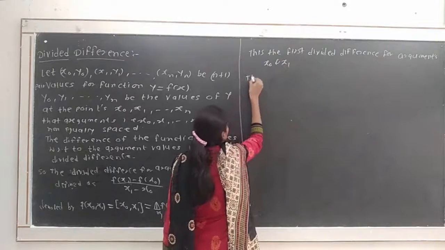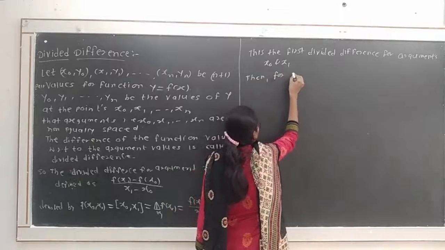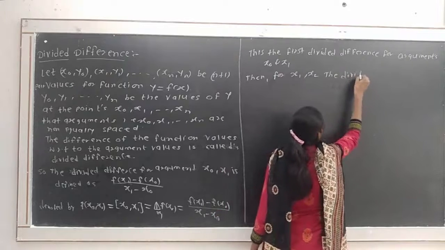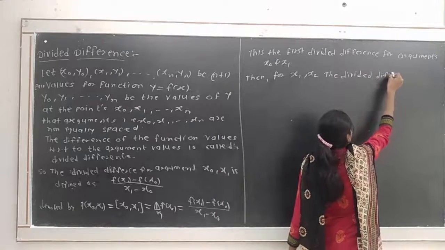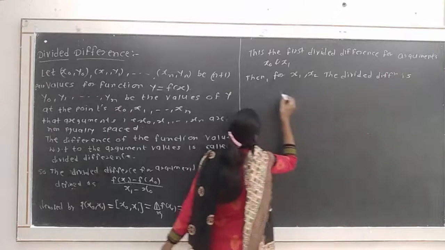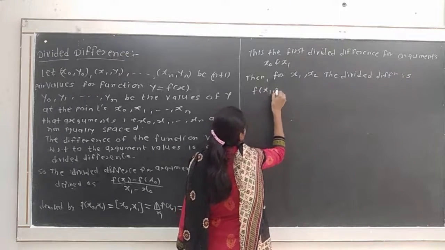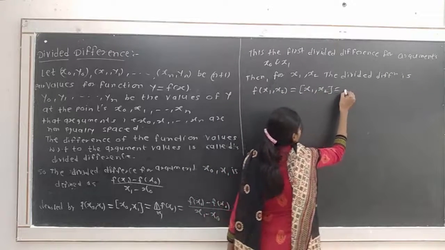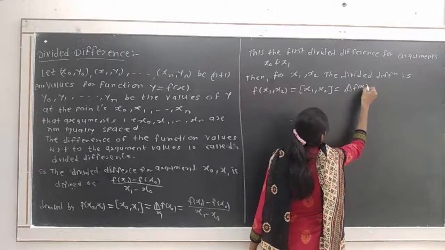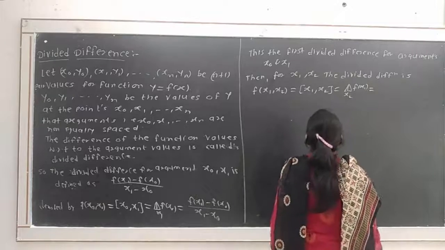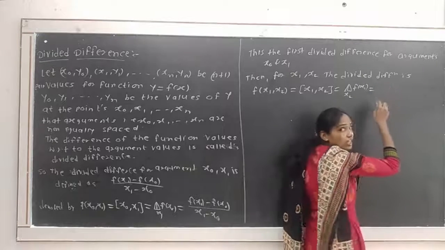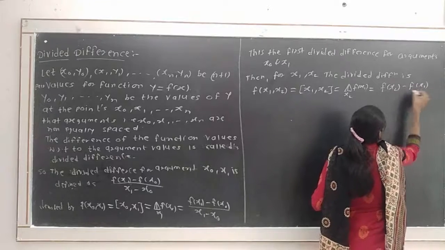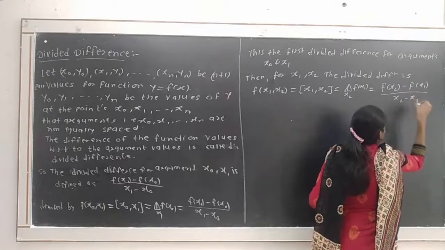Then for the arguments x1 and x2, the divided difference is again denoted by f of x1, x2, or in square bracket x1, x2, and defined as f of x2 minus f of x1 divided by x2 minus x1.